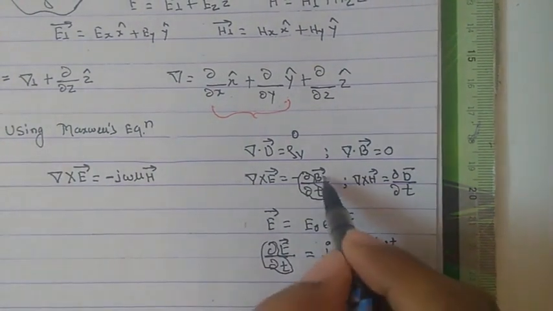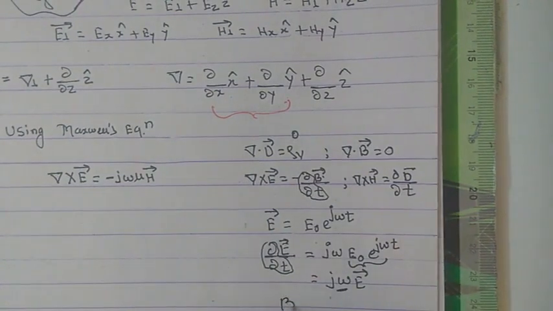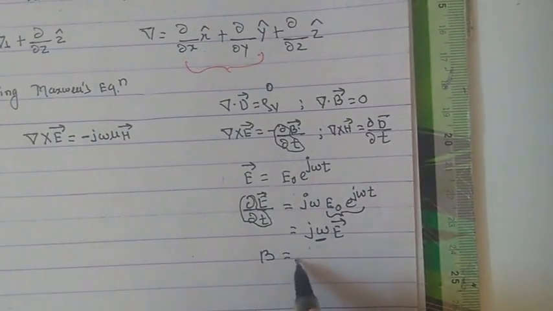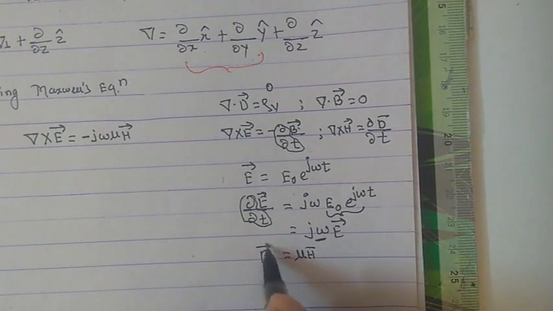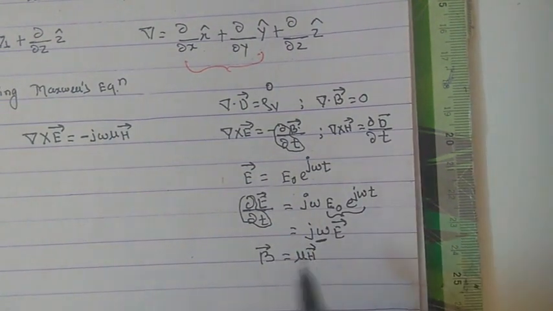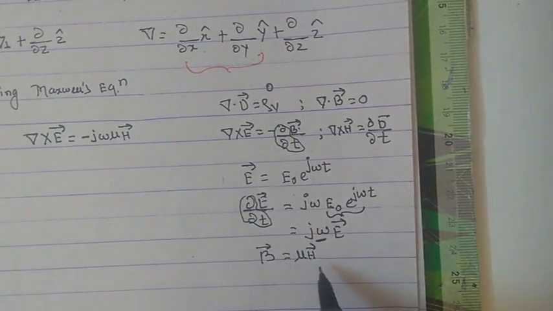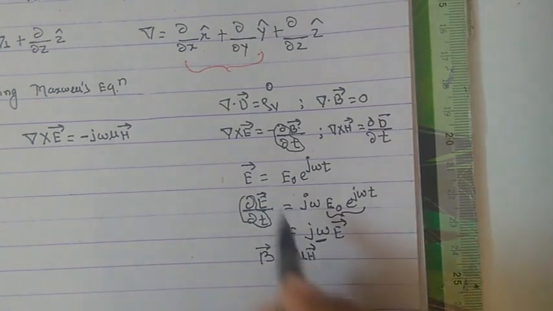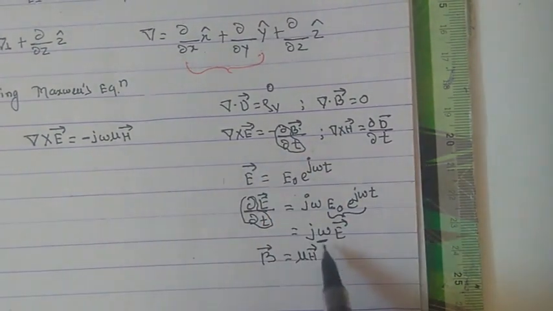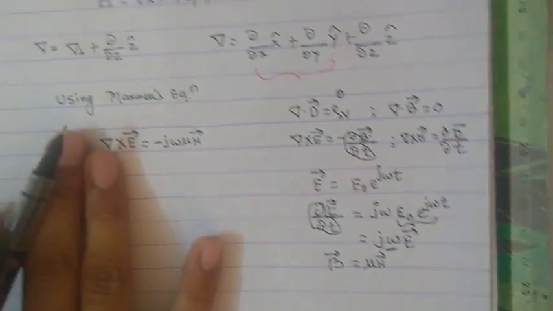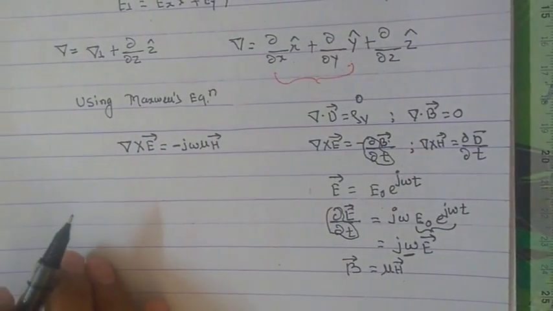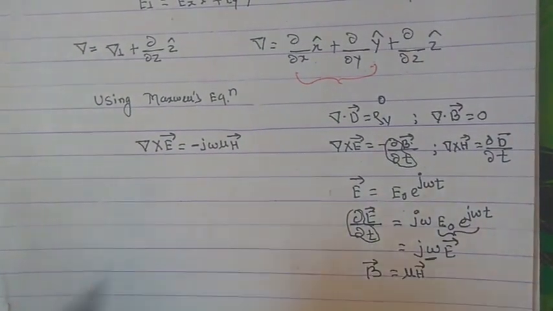And B is equal to mu into H, and del by del t is j omega. So del cross E can always be written as minus j omega mu H.